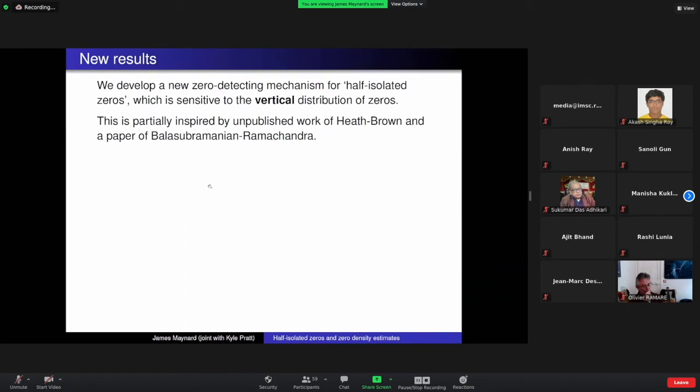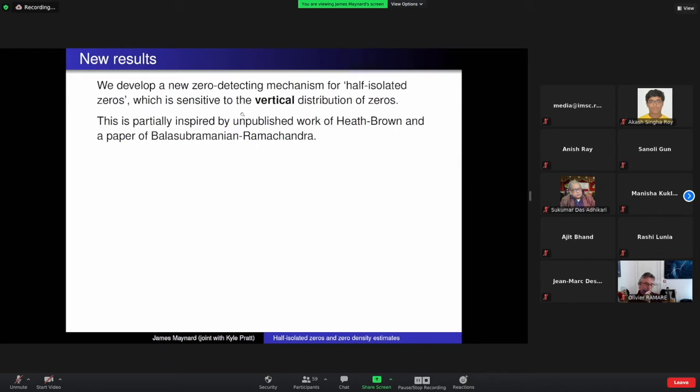So the main result that I'd like to talk about today is a new zero detecting mechanism for what we call half isolated zeros. And the key thing that I like about this is that it's rather different to the standard zero detecting mechanisms, and in particular, it's somewhat sensitive to the precise vertical distribution of zeros of the zeta function.